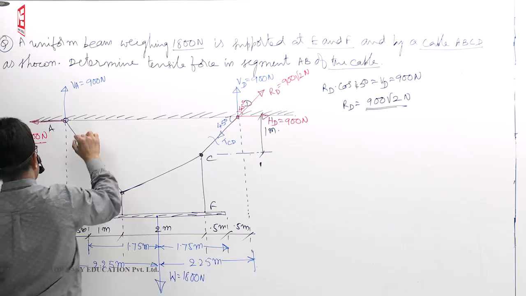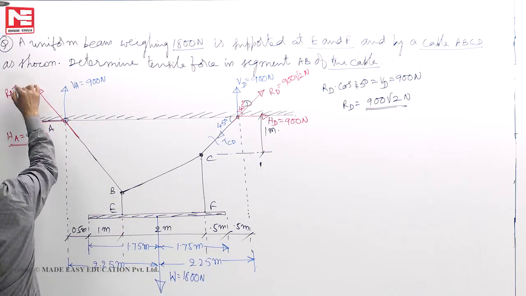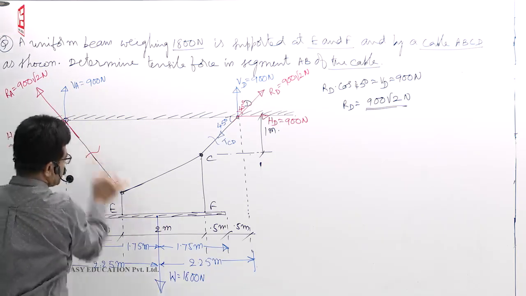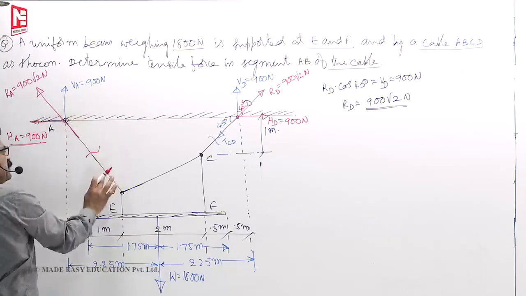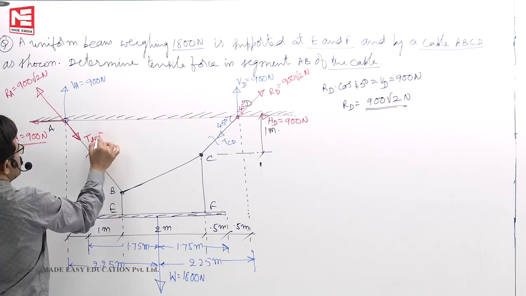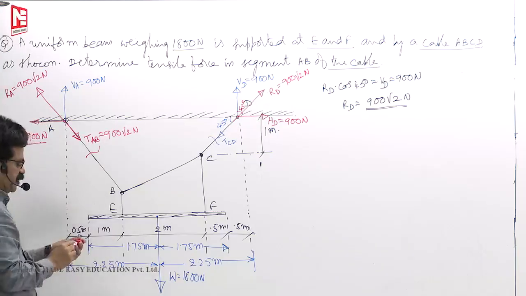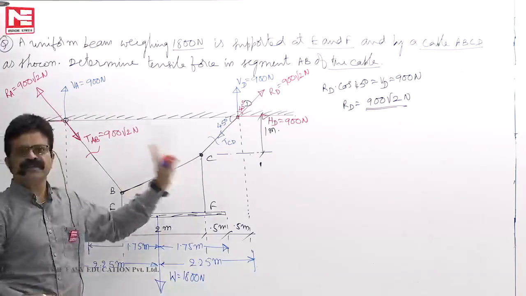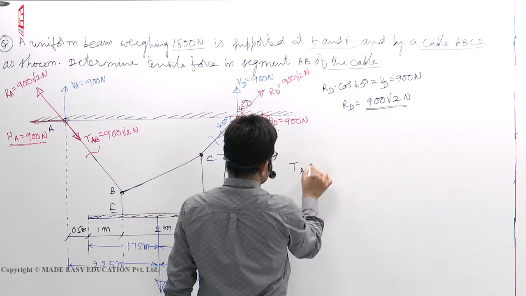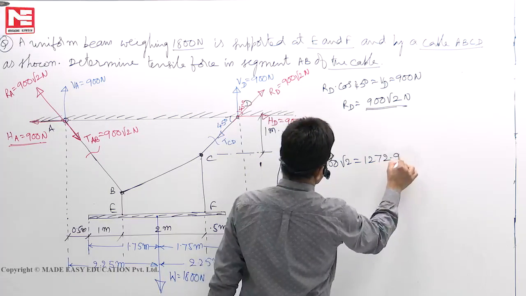If HA is known to us, what is the resultant reaction in the 45 degrees line, RA? 900 root 2. If you cut this part out, this fellow will exert a force of this much, tension in the cable AB is 900 root 2. Otherwise the joint will not be in equilibrium. So in 2 minutes time, your task is only this much. So tension in the cable AB is 900 root 2, that means 1272.9 Newton.